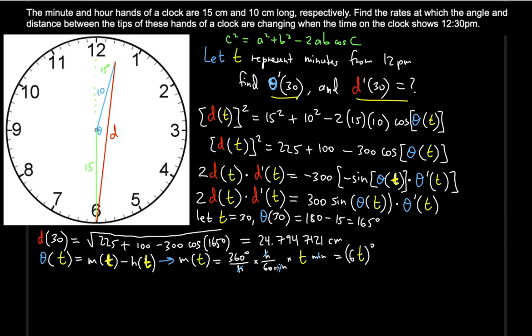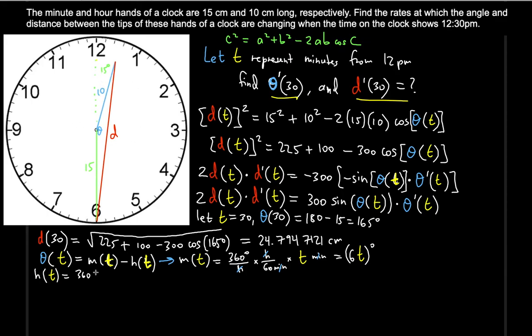And h of t is equal to what? We know the hour hand covers 360 degrees in 12 hours. We said that the minute hand covers 360 degrees, one full circle, in 1 hour. But the hour hand goes from 12 to 12 in exactly 12 hours, because it's talking about hours for the hour hand.